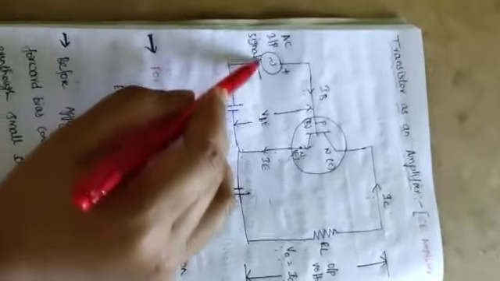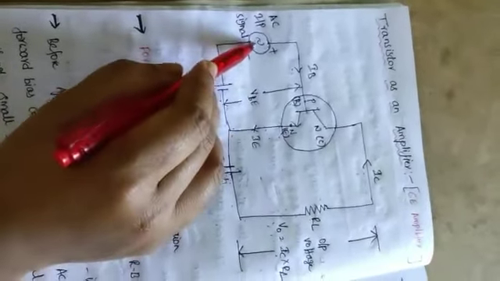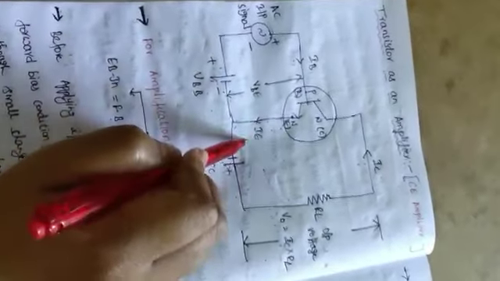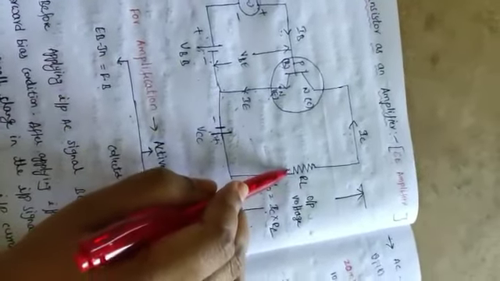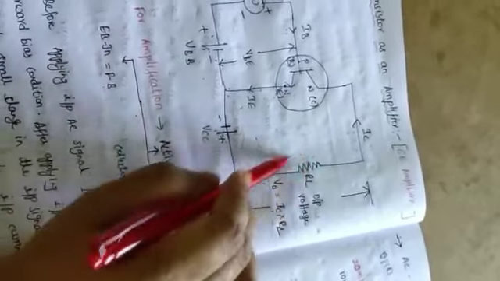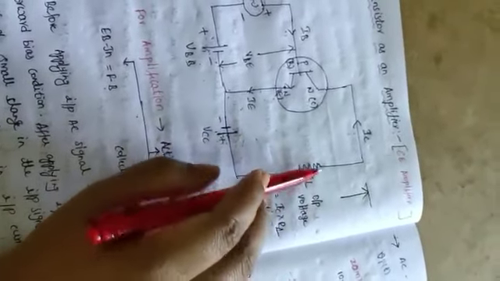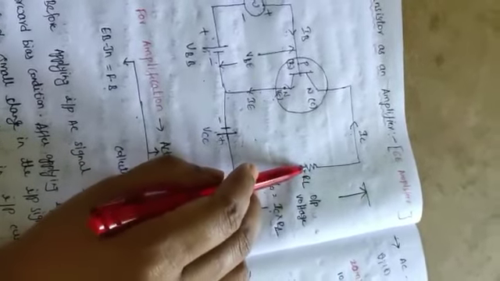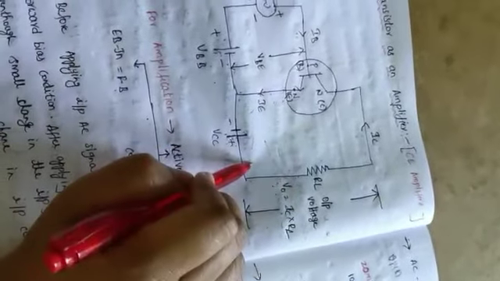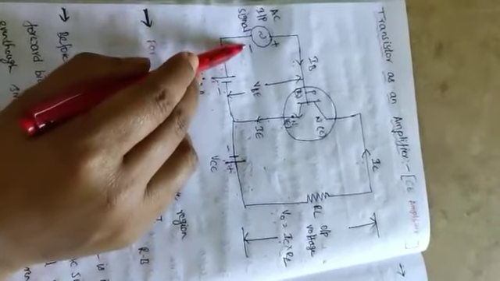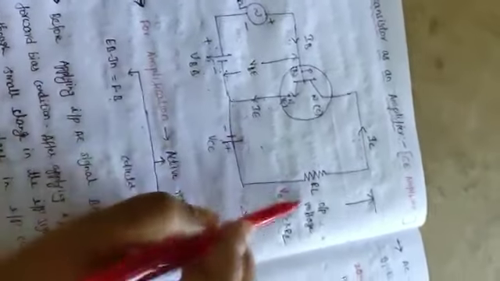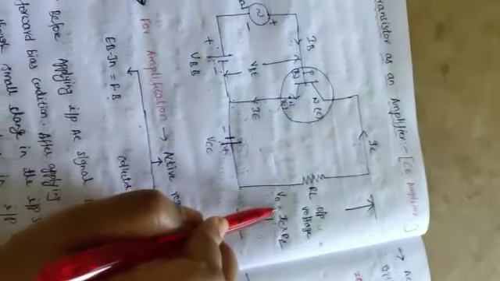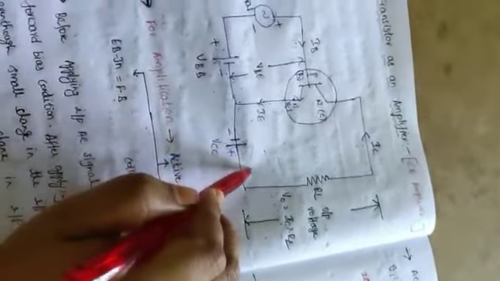The input signal is applied between base and emitter, and the output voltage is measured across this load resistor RL, which is connected between collector and emitter.